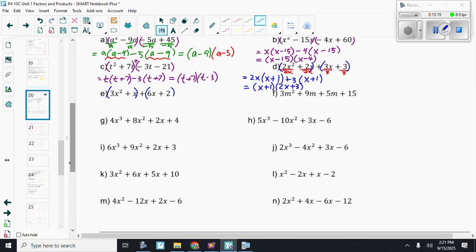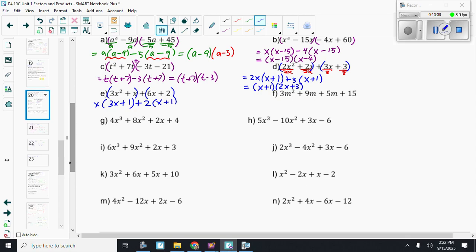In this case, the thing that I have in common is an x that I can take out, and I'm left with the 3x, because x times x gives me the x squared, and x times 1 gives me x. And here I'm going to be taking out a 2, and I'm left with an x plus 1.